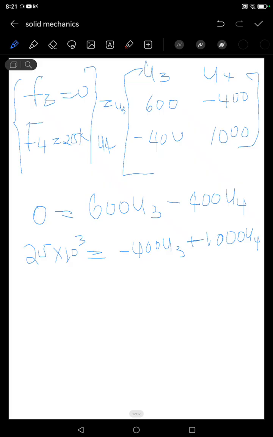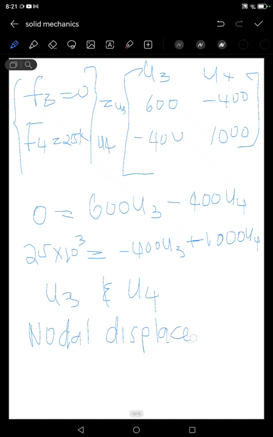From here, that's where we can solve for U3 and U4 using what? Simultaneous equation. You're going to use simultaneous equation to get U3 and U4. These U3 and U4, we call them nodal displacement.